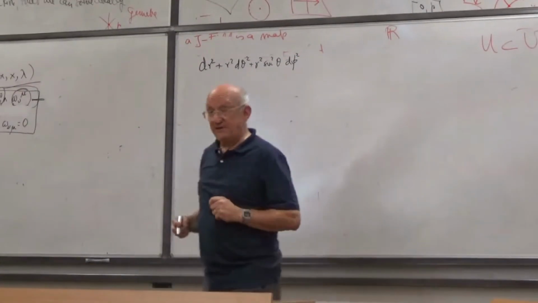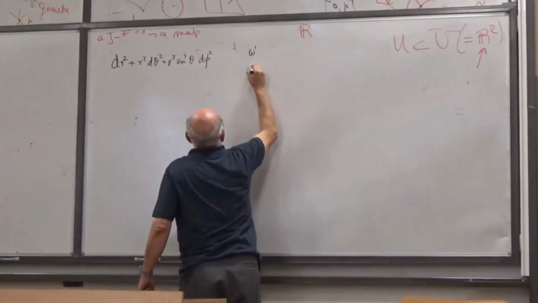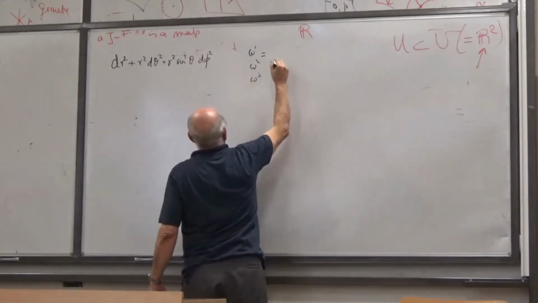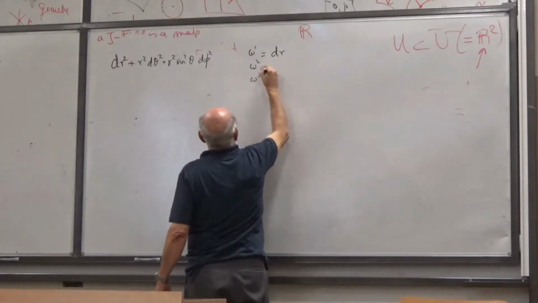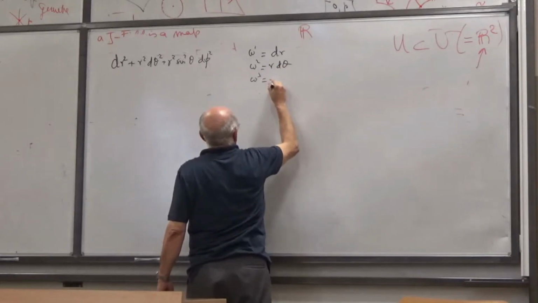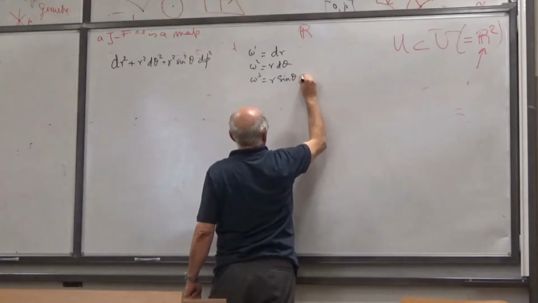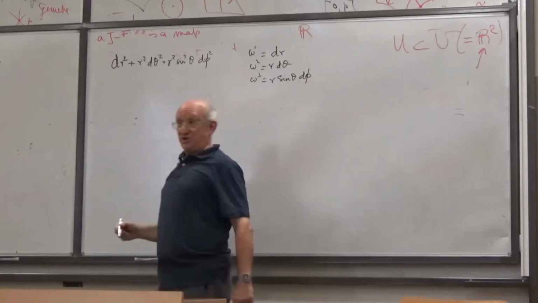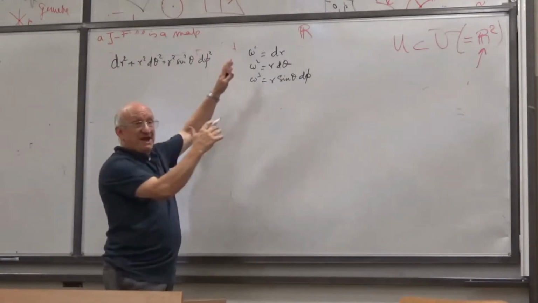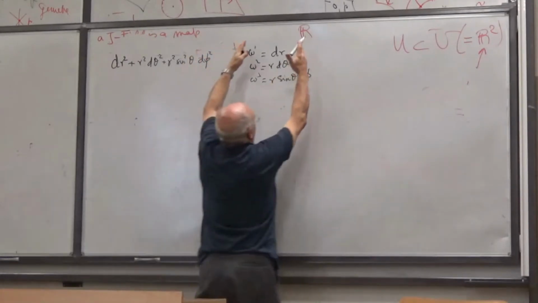I'm going to take the omega 1s. In reality, the most general ones would require applying an orthogonal matrix to this column.